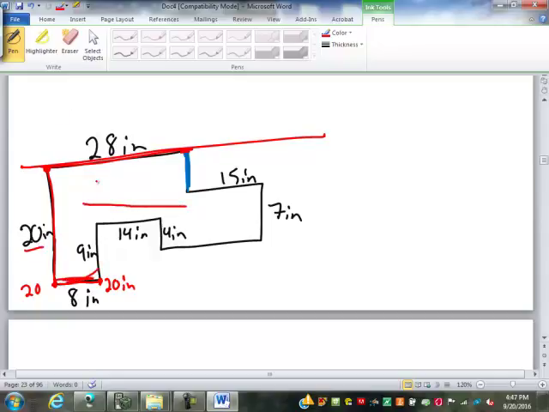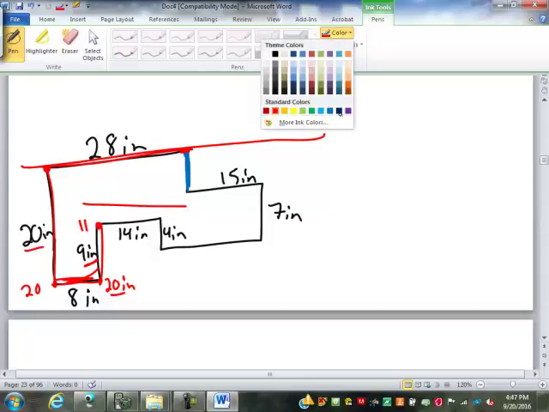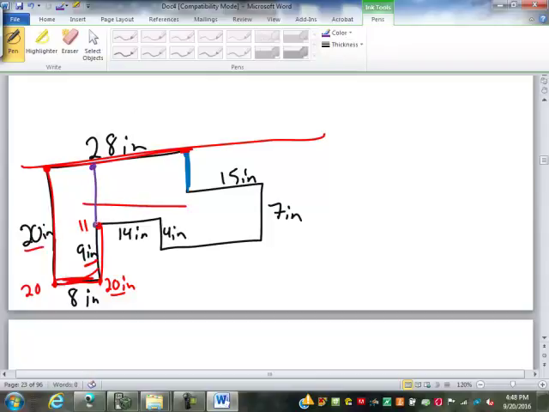I don't move any further or closer. So I'm still at 20 inches here. If I move back up to here, though, I've come up 9. So this is going to be 20 minus 9, or I'm now 11 inches away. If I'm looking at from here to here, that's 11 inches. How far away am I over here?